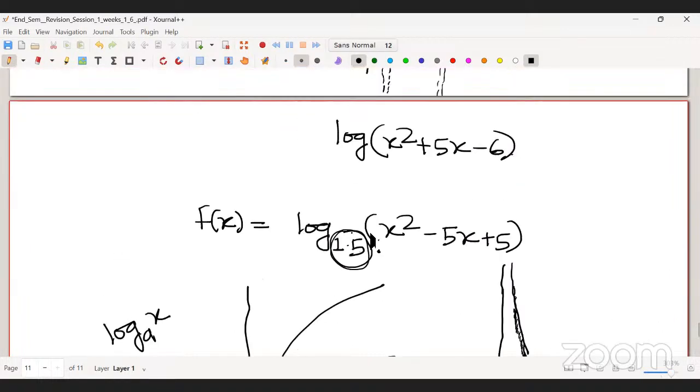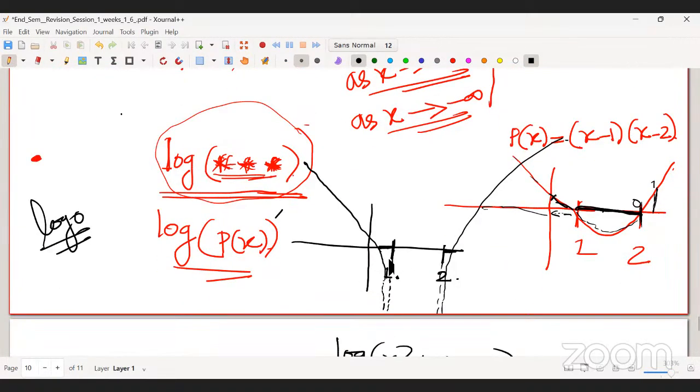Then you have to see how this will behave in that case as well.